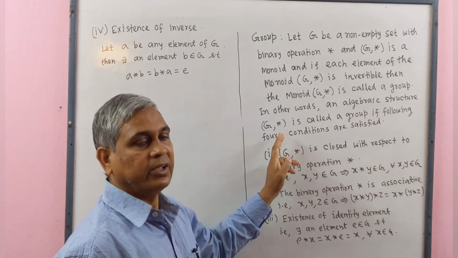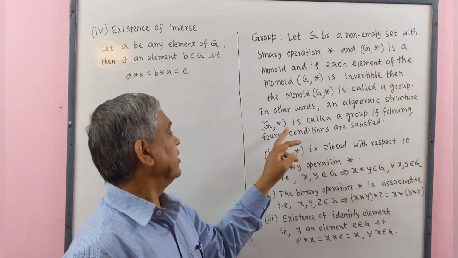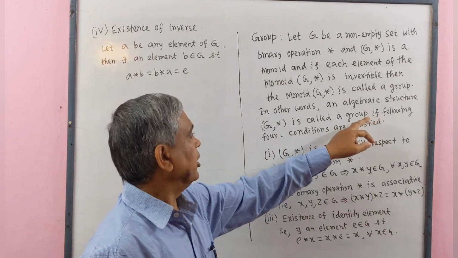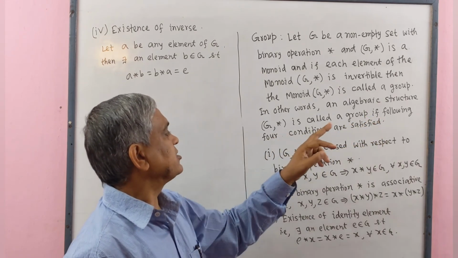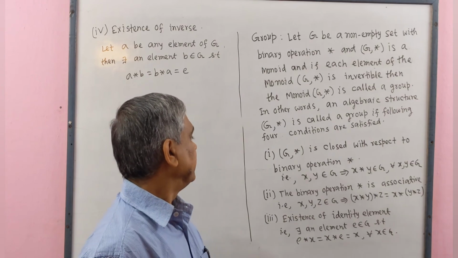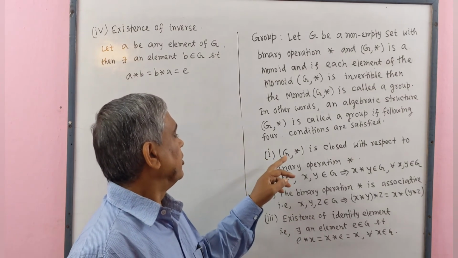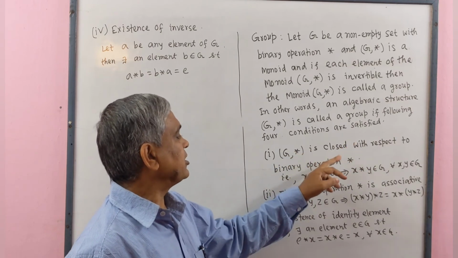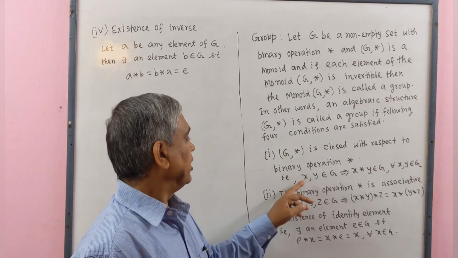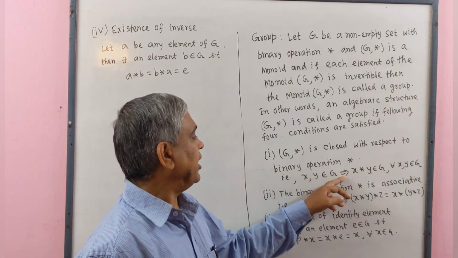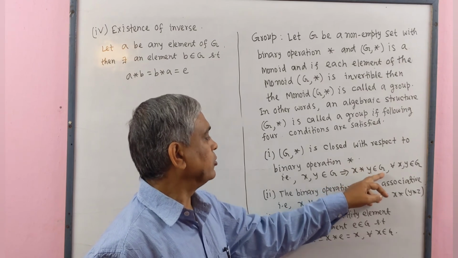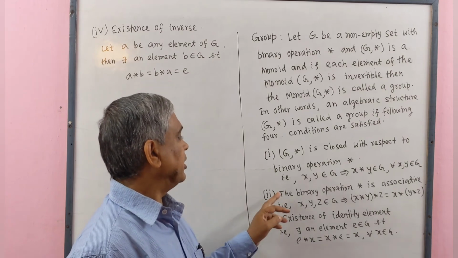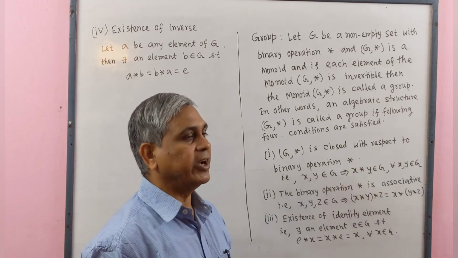In other words, an algebraic structure G with binary operation star is called a group if following four conditions are satisfied. Number one, G with binary operation is closed with respect to binary operation star. That is, x, y belong to G implies that x operation y belong to G for all x, y belong to G. Number two, the binary operation star is associative.